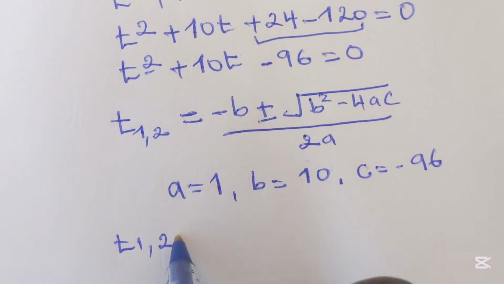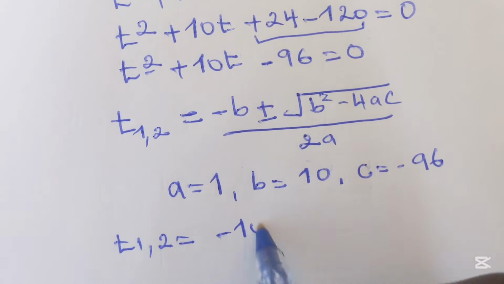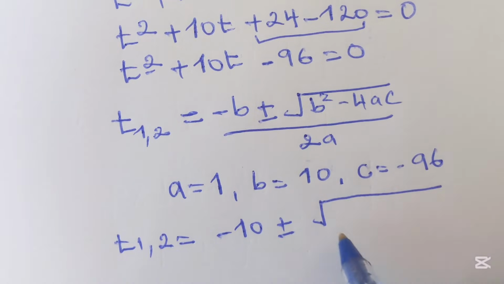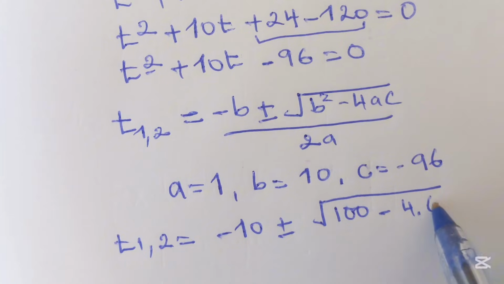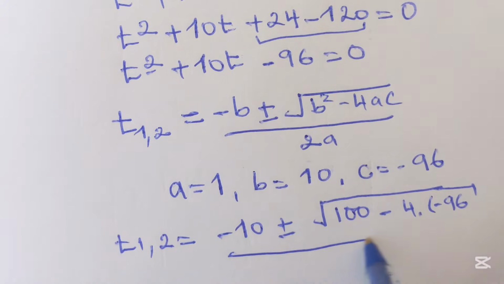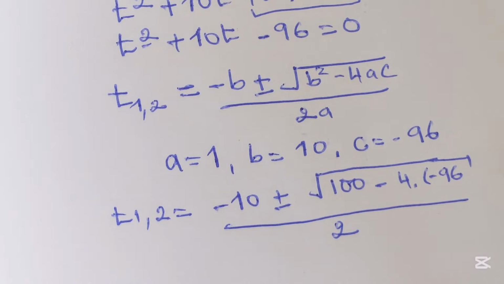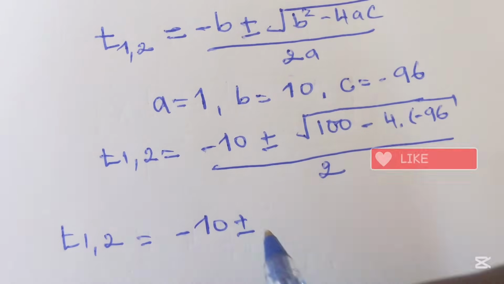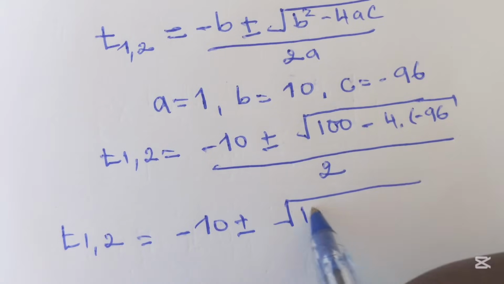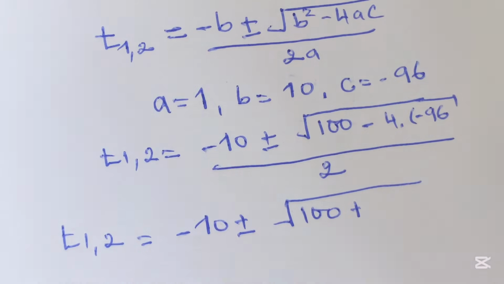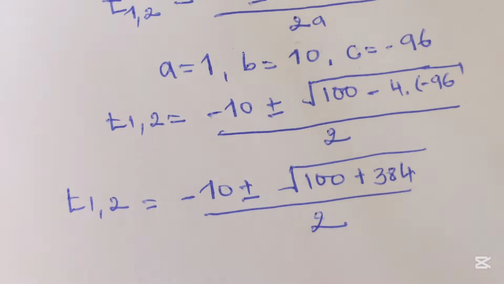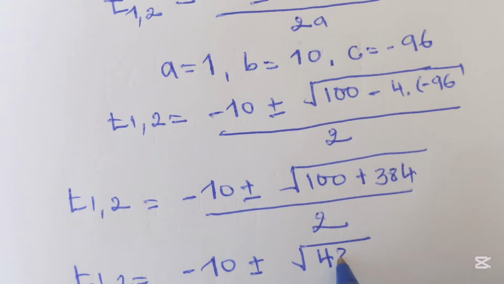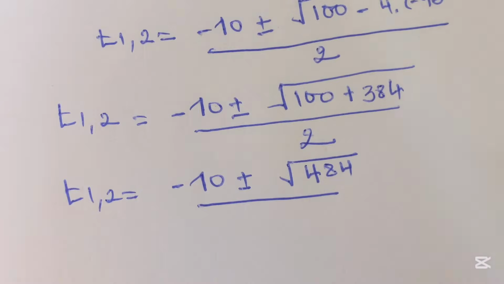Then t1 and t2 will be negative 10 plus or minus the square root of 10 squared, which is 100, minus 4 times negative 96, over 2 times 1, which is 2. Alright, t1 and t2 will be negative 10 plus or minus the square root of 100 plus 384, which is 484, over 2.